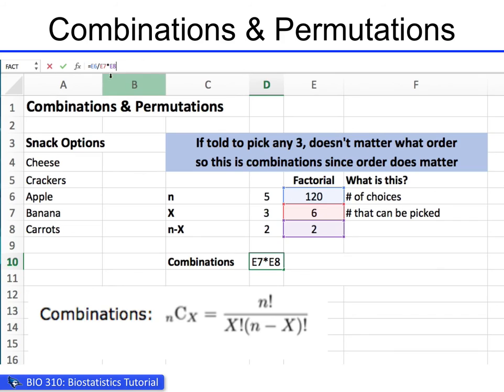So if we take a look real quickly at what is happening in this formula, and again, look up in the formula bar here. So my formula is E6 divided by E7 times E8.